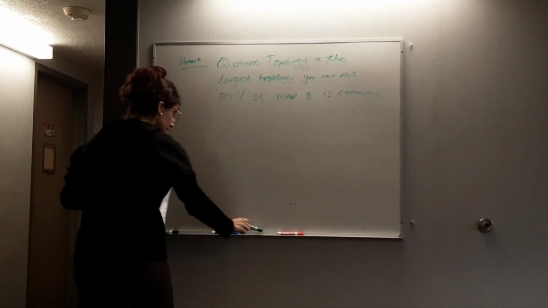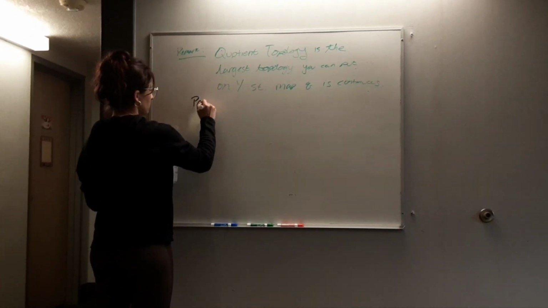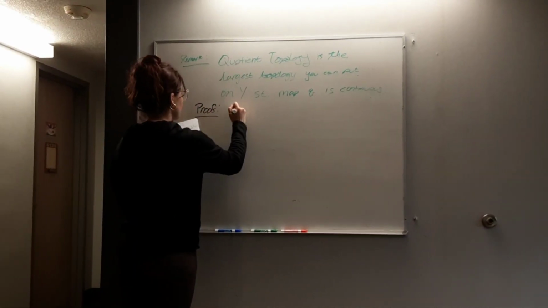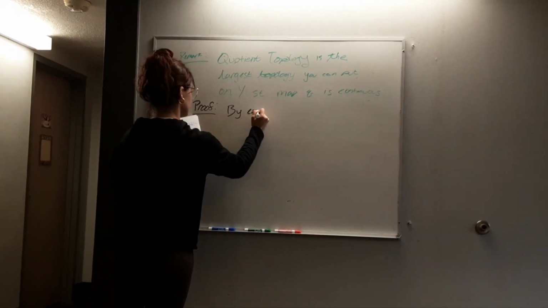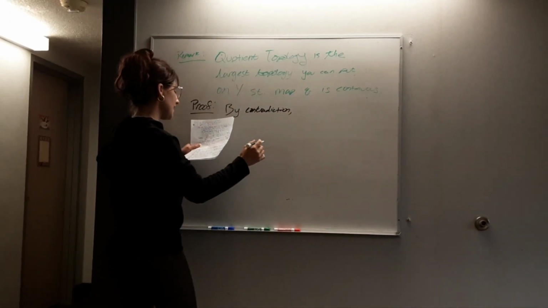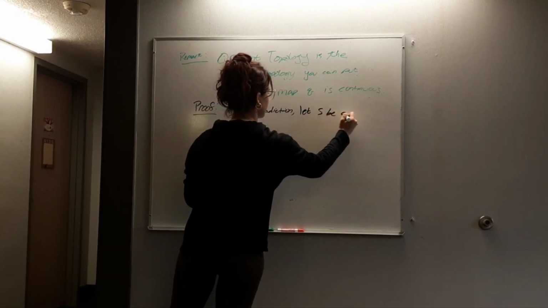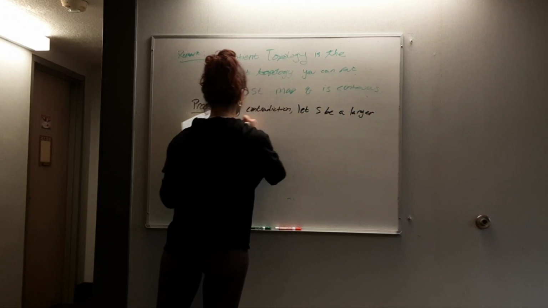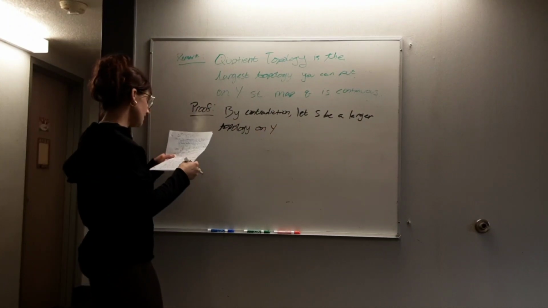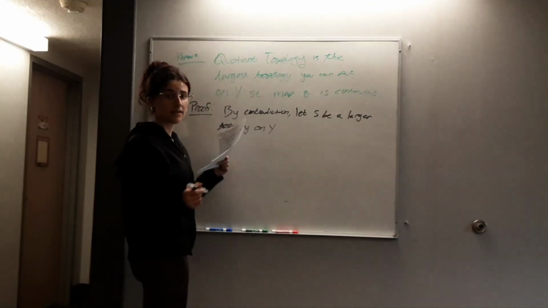All right, and now to prove this, we're going to do this through a proof by contradiction. So, by contradiction, we're going to let S be a larger topology on Y. And then we're going to have that S is not contained in the quotient topology.